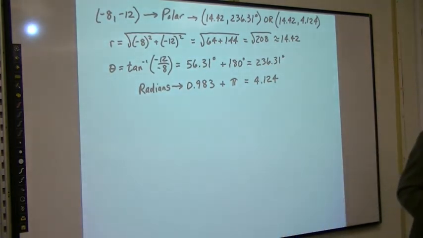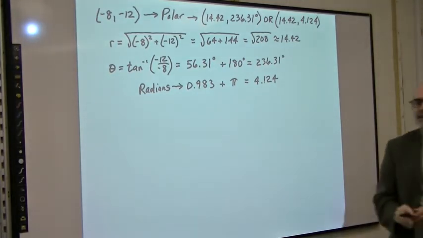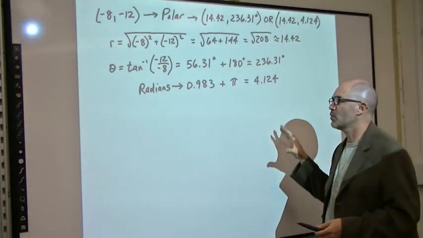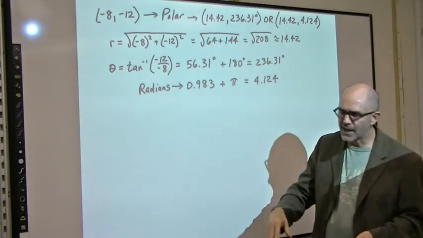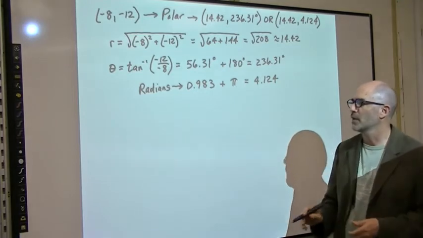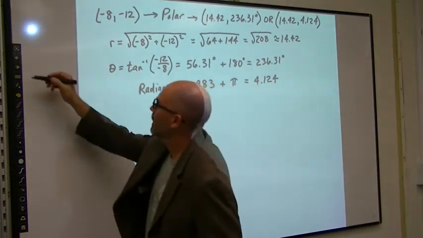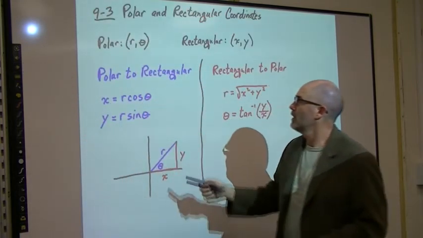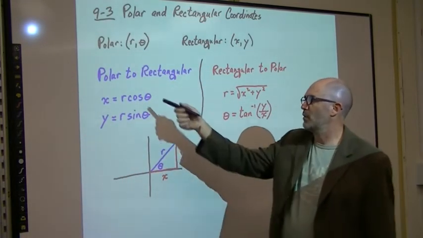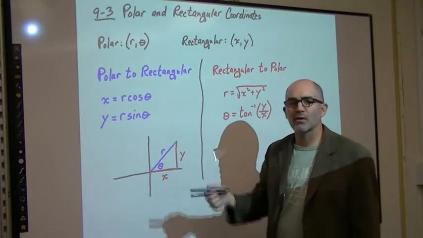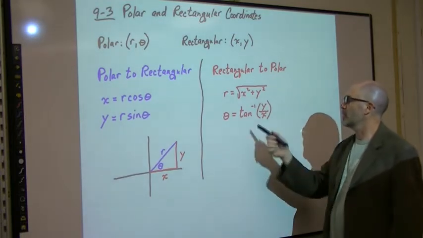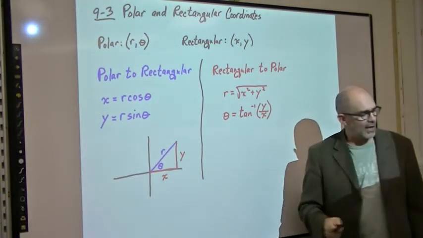Okay, now, there's one more thing that we're going to be doing, and that's translating polar equations into rectangular equations, and rectangular equations back into polar equations. So notice we're going to go back to the beginning, and this is our translation still. x equals r cosine theta, y equals r sine theta, r equals square root of x squared plus y squared, theta equals inverse tangent y over x.